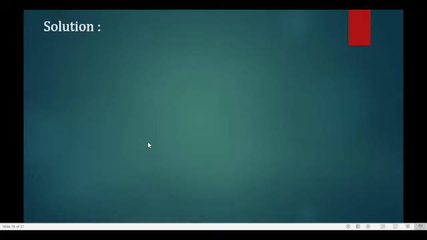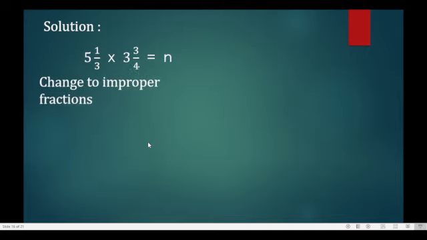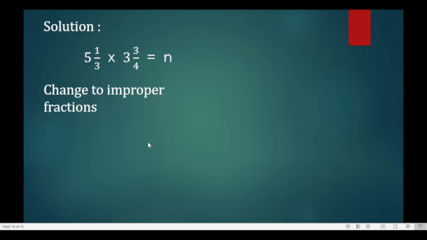So you have 5 and 1/3 times 3 and 3/4 equals n. You have to change them into improper fractions. So that is 16/3 times 15/4. So in this case, we can cancel 16 and 4, or 15 and 3. So let's cancel 16 and 4: 16 will become 4 and 4 will become 1.